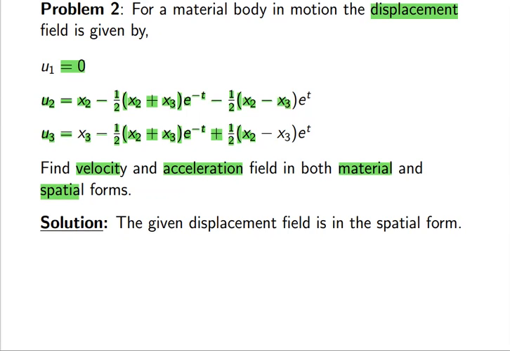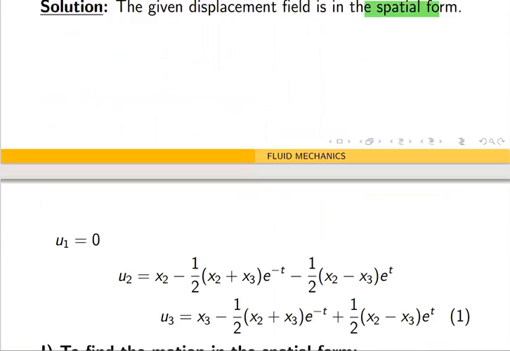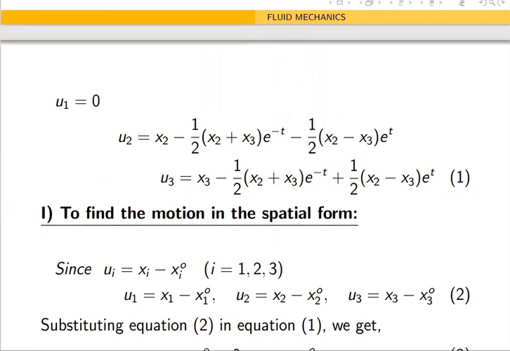So it is in terms of xi and t, so it is in the spatial form. The given displacement field is in the spatial form. u1 is 0, u2 is this, and u3 is this. We'll call that whole thing equation 1.